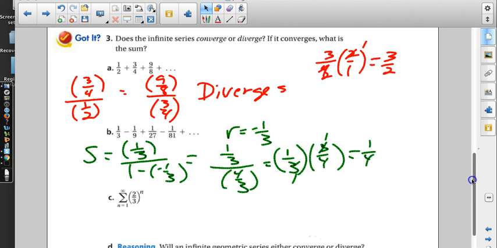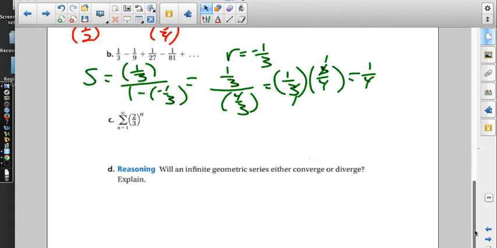Now on C, a lot of you focused only on the first part of what I had said when we did the problem with negative 5/4. You looked at this and said, can't do it because it's infinite. No, we have to check. We might be able to do it, we might not. It all depends on what is r. The other thing people were having trouble with was, how do you know r? Whatever's being raised to the power, remember our formula.